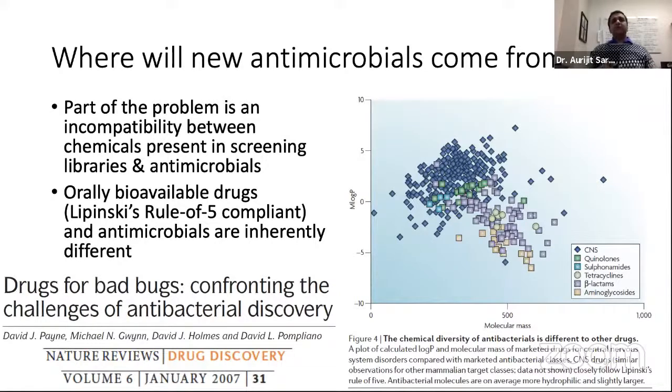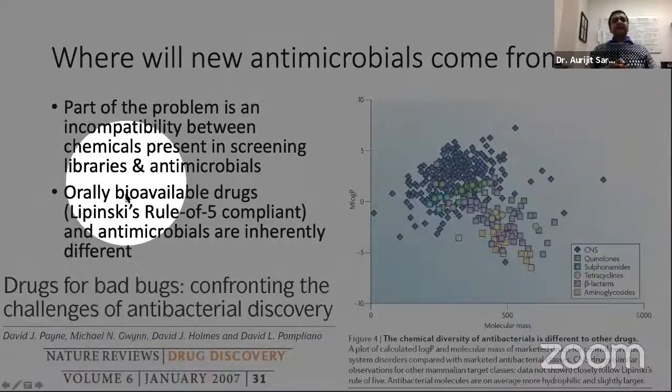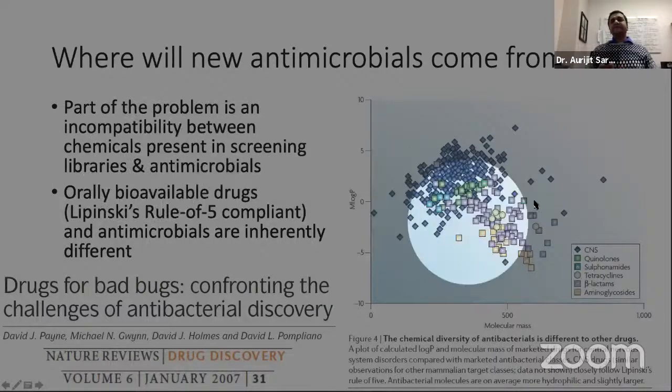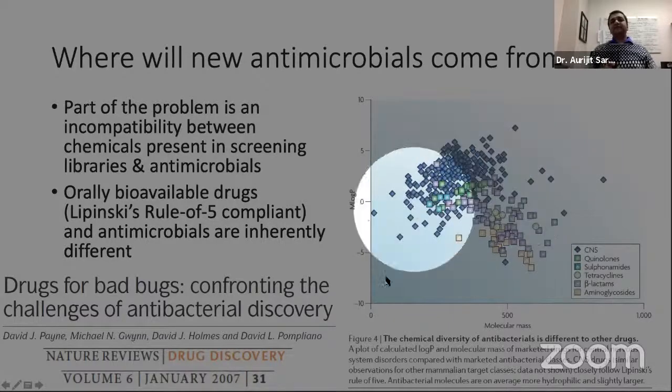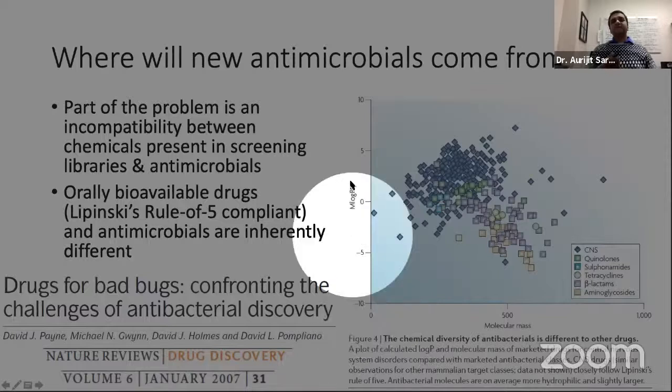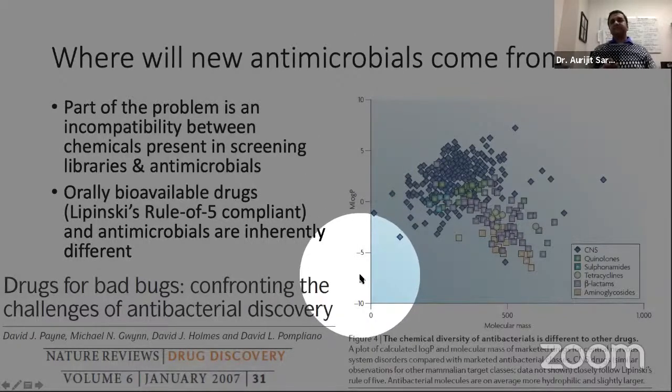What they found was that if you compare antimicrobials with the screening libraries that they were using, their properties were extremely different. Over here, you see a plot of molecular mass against m log p. So that's your lipophilicity right there, the hydrophobic nature.